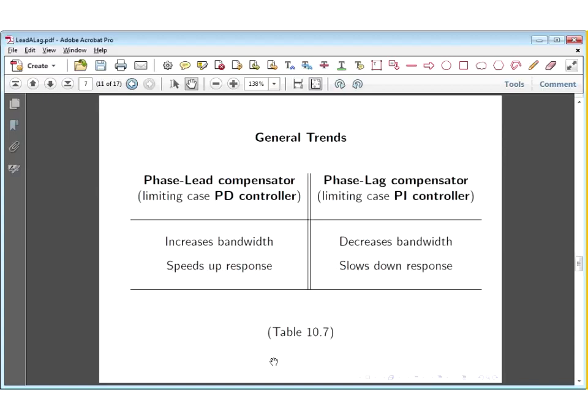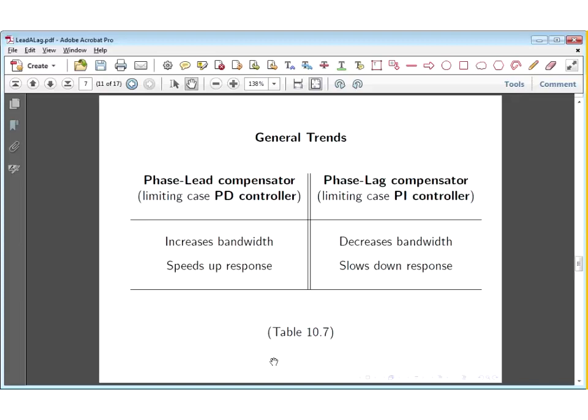Now, the general trends that are associated with the phase lead and the phase lag compensators are summarized in table 10.7 right at the back of chapter 10. Now, I must admit that the table is a little bit confusing.